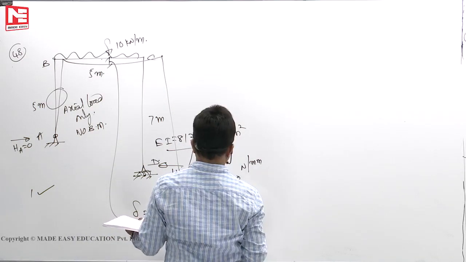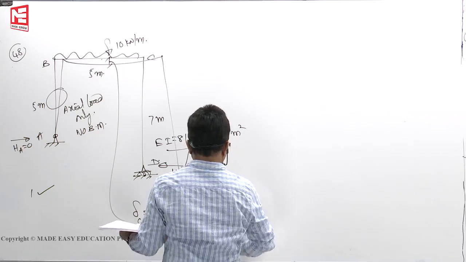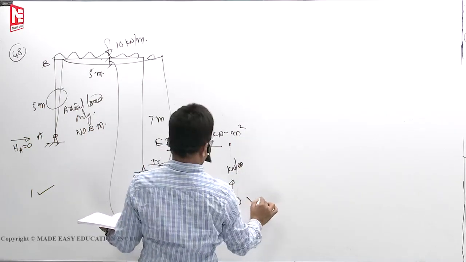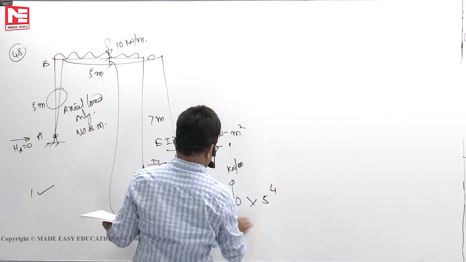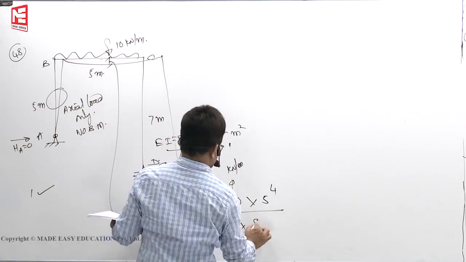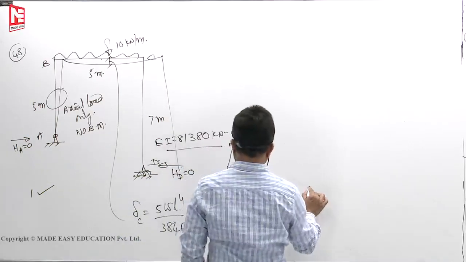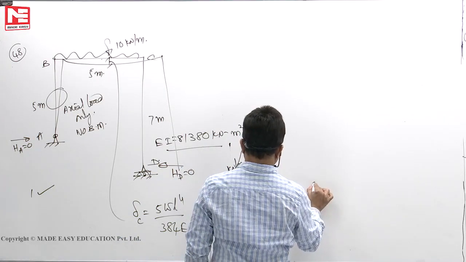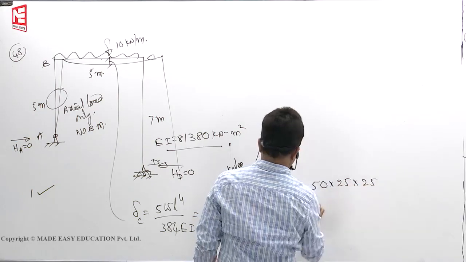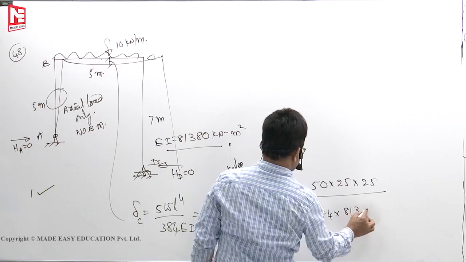Or we can take kilonewtons per meter as it is, because 10 kilonewtons per meter. Length is 5 meters. WL to the power of 4 by 384 EI, 81,380. So this you will get 50 into 25 into 25 by 384 into 81,380.